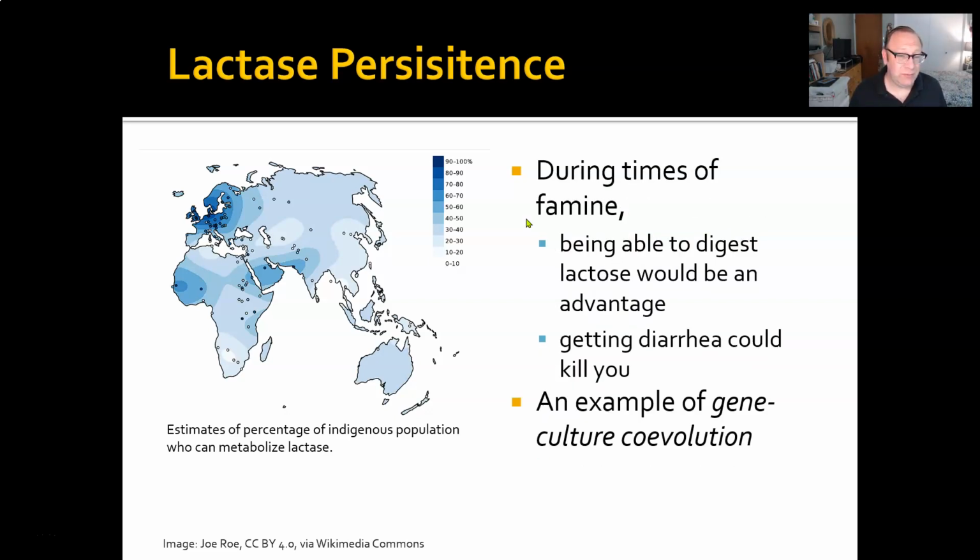Now, a little diarrhea under normal circumstances isn't a big deal. It's temporary, and you'll be okay the next day. But during times when food is scarce, diarrhea can be fatal. Absolutely fatal. You're already working on reduced calories.